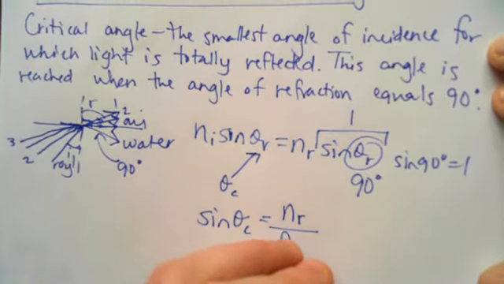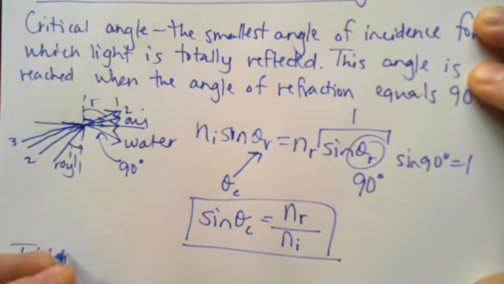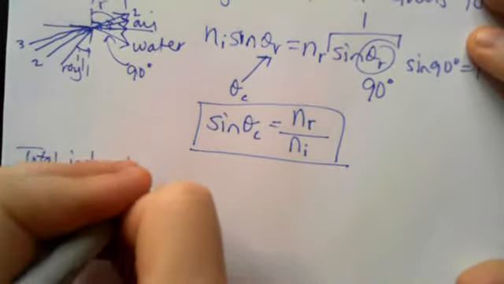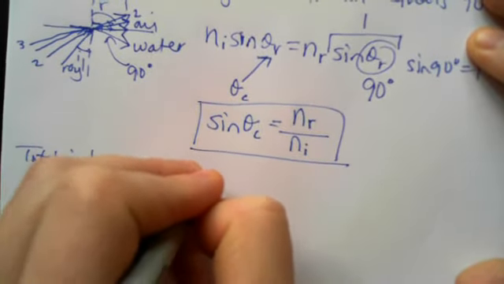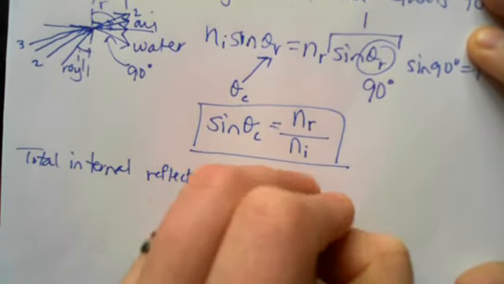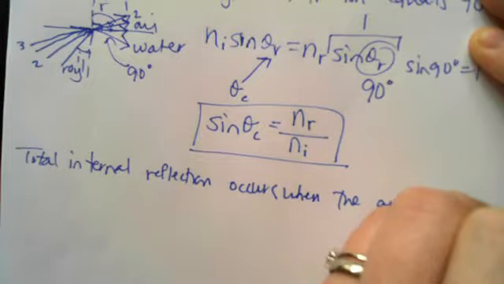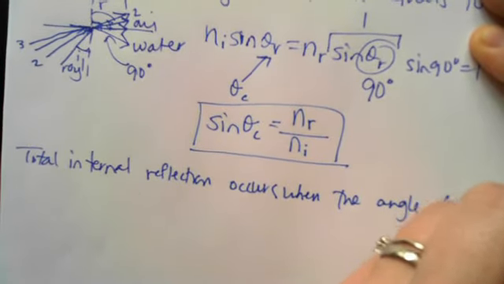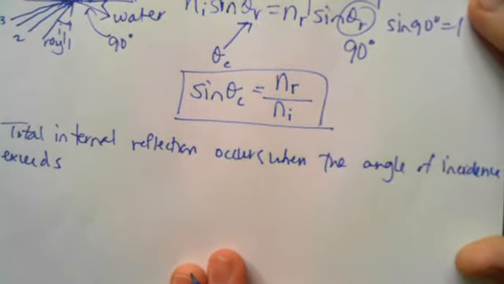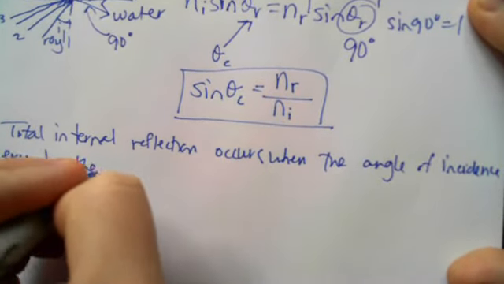So total internal reflection occurs when the angle of incidence exceeds the critical angle.